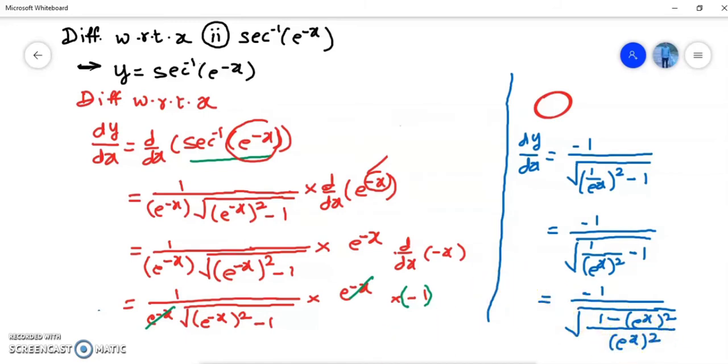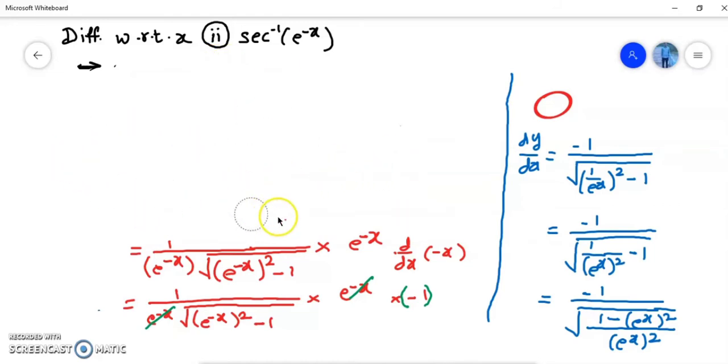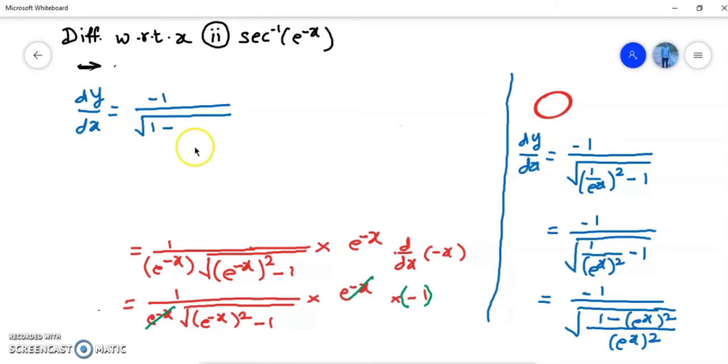which can be still simplified. I shall write it here: dy by dx is equal to, now this minus 1 remains as it is, whole divided by this whole root of, now 1 minus (e raised to x) whole square means e raised to x raised to 2, that is e raised to 2x.